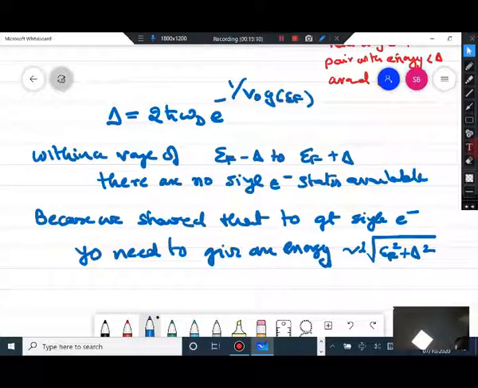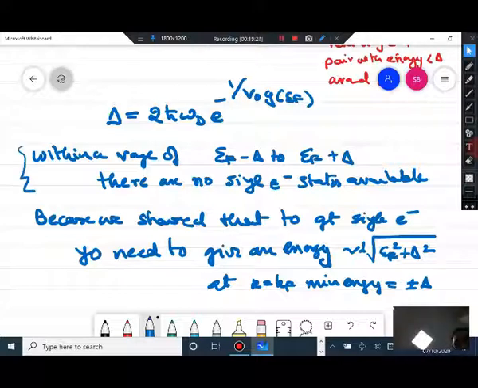So for each electron you will get the square root, and at k equal to kf, the minimum energy is plus minus delta. So within an energy range of plus minus delta of the Fermi energy, you do not have any single electron states available, because essentially they have paired up.